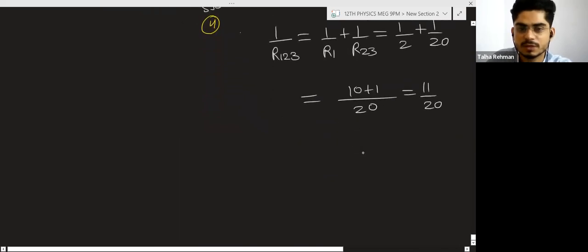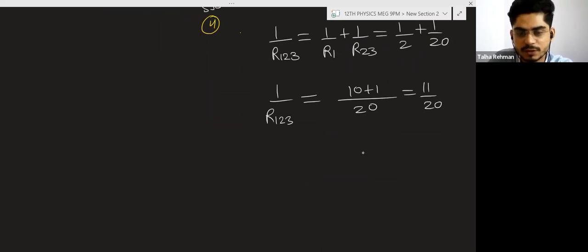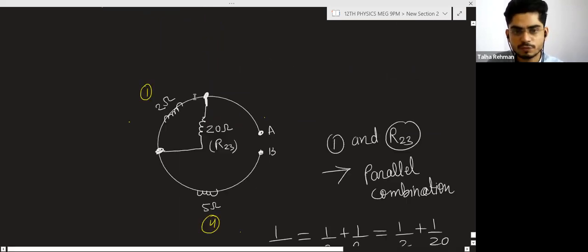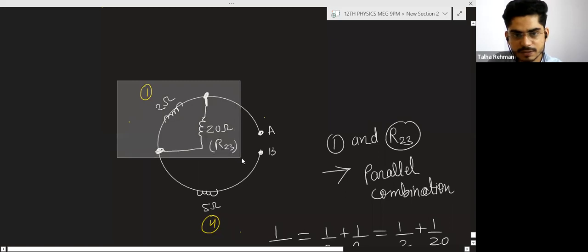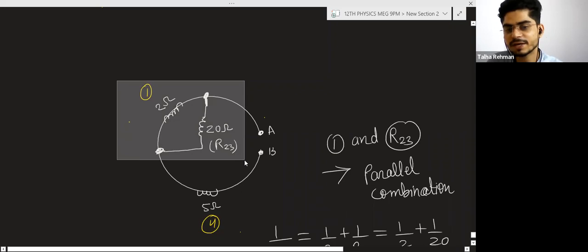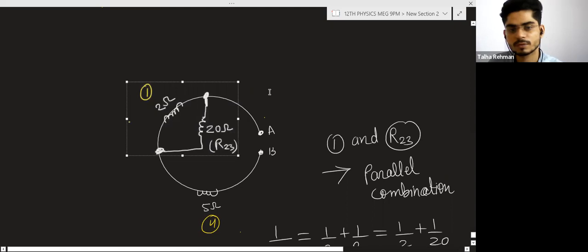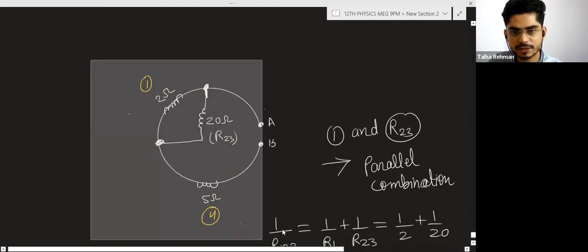So we have 1 upon R123 equals 11 by 20. We can calculate R123 from here, the reciprocal of this, 20 by 11. We will get 20 by 11 ohm. So we have just calculated the equivalent of this, and instead of these two resistances, we will connect a resistance of 20 by 11 ohm. So again, I am just modifying this circuit.